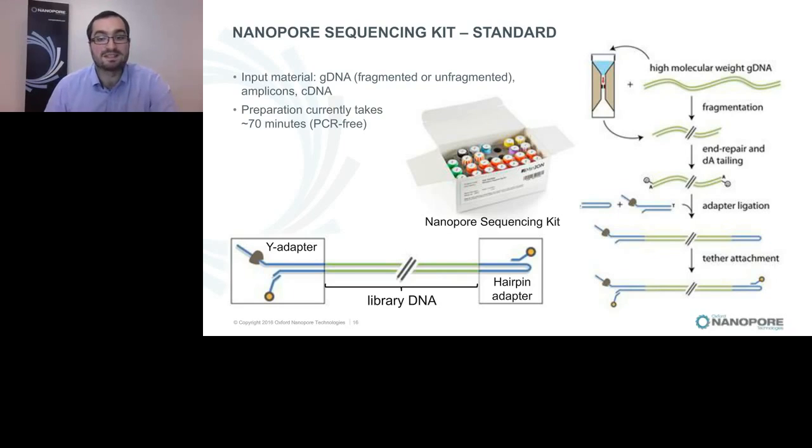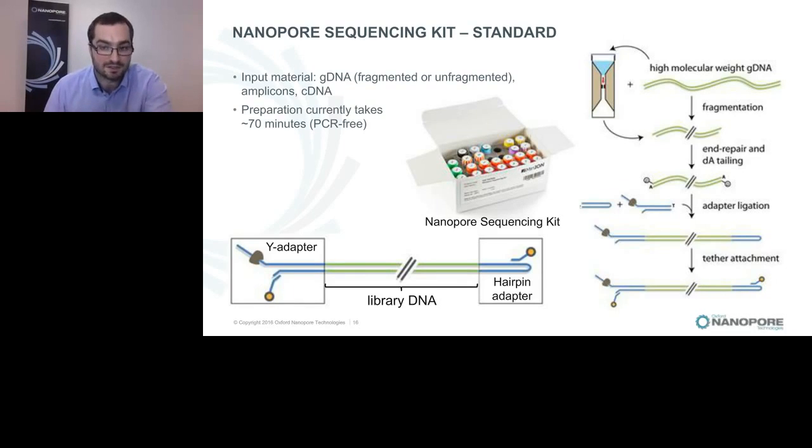One of the adapters is a hairpin, as we discussed previously, which connects the two strands in the duplex and allows for a strand to be sequenced followed by its reverse complement, all part of the same sequencing read. At the opposite end to the hairpin, we have a fork-shaped adapter, and this other adapter contains various features. It has a single-stranded section, meaning that the strands are more easily captured and threaded through the pore.